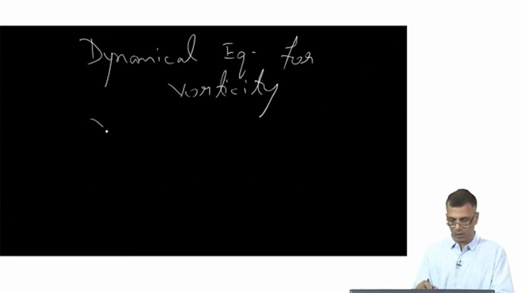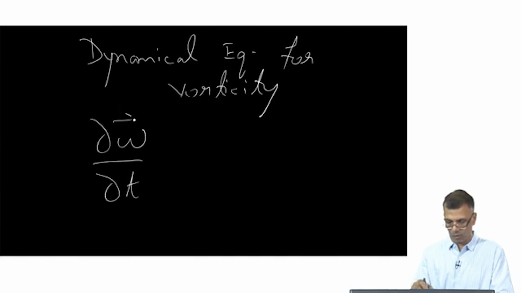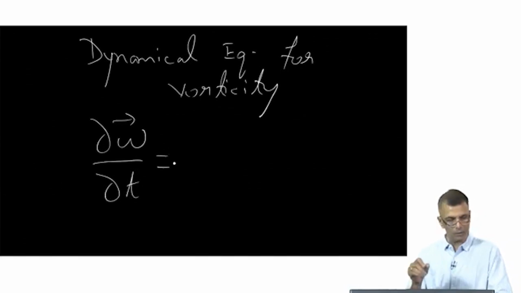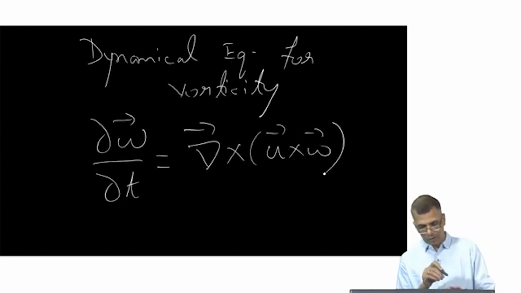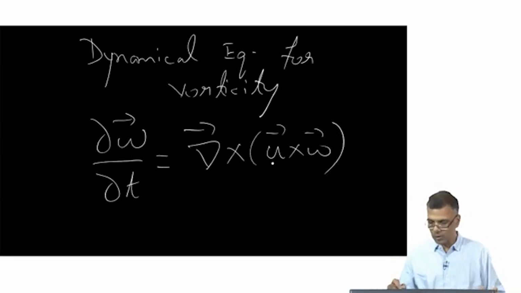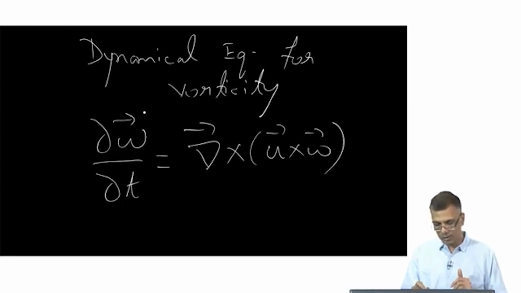Which is, I really should be putting a vector sign on top of this, is equal to... So this is an equation, although there's a u here which is sort of the uncurl of omega, but still this is really a dynamical equation for vorticity in that it relates the time derivative of the vorticity with space derivatives of the vorticity.